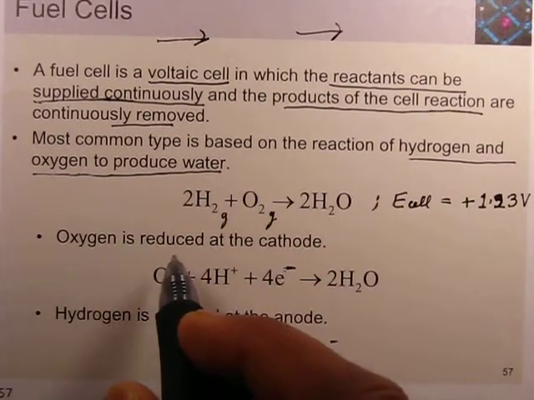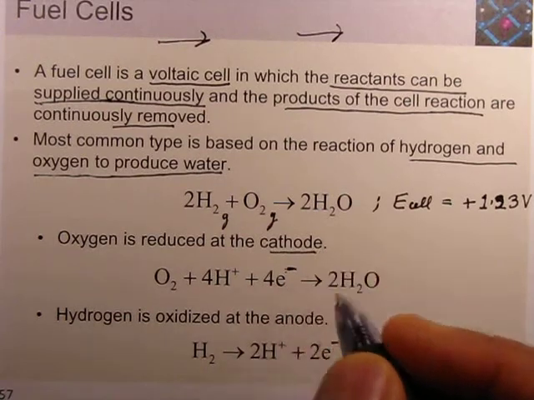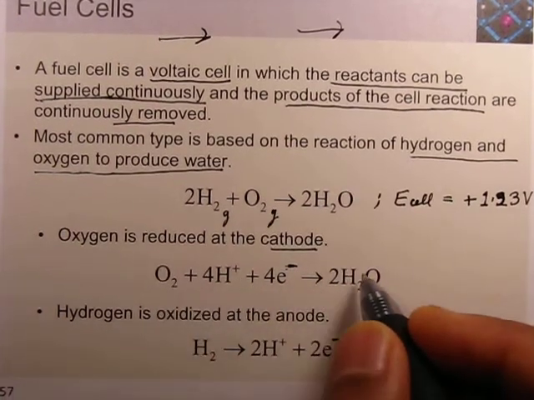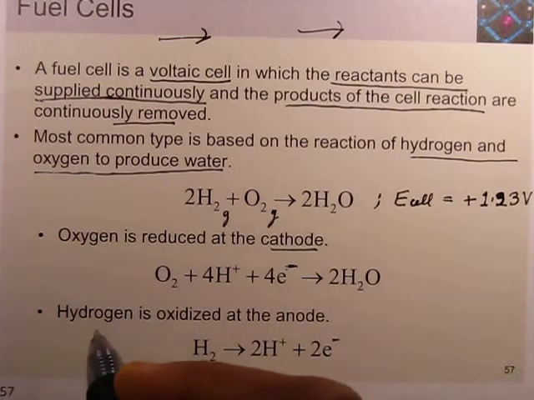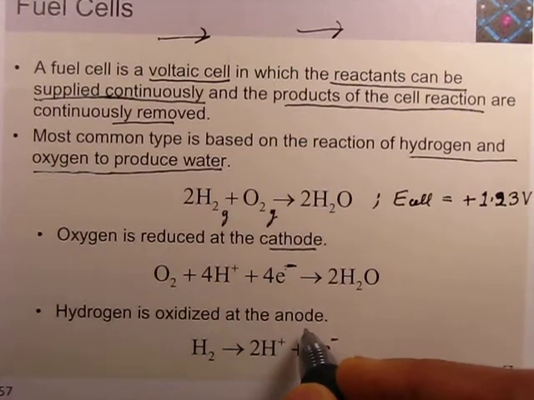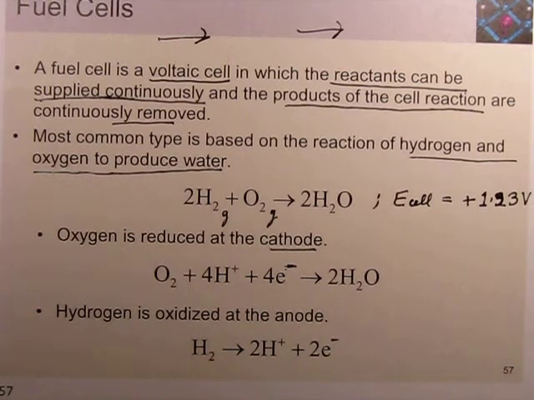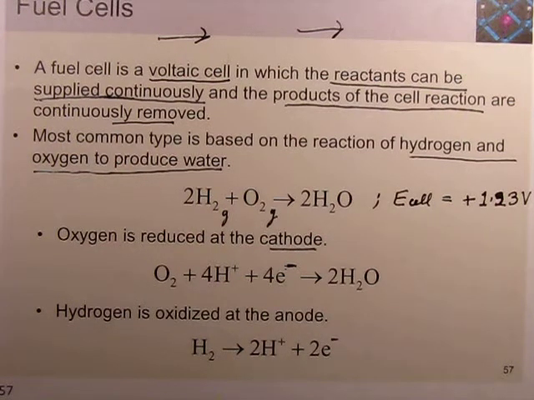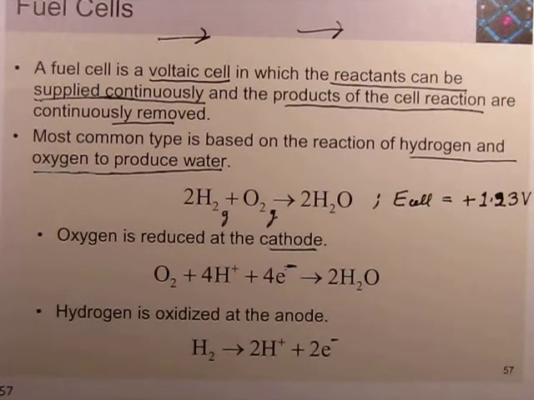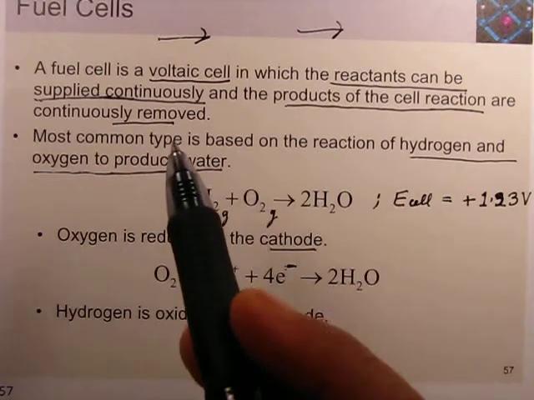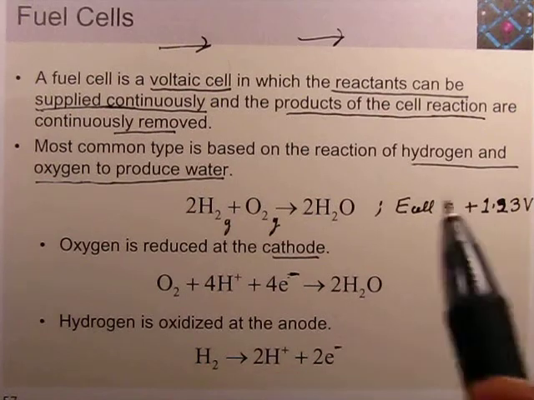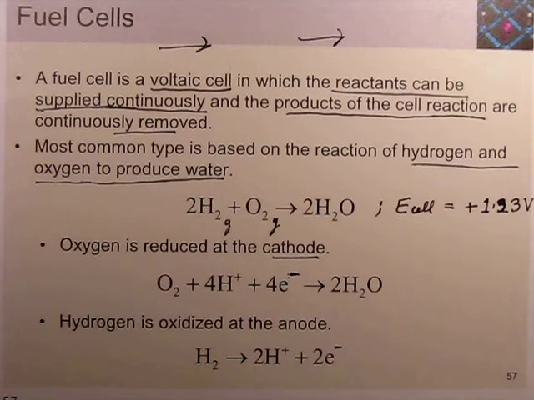Oxygen is reduced at the cathode to form water, and hydrogen is oxidized at the anode. This type of battery is an example in electric cars. You may have seen that there are many electric cars right now, and they use fuel cells to generate the energy and electricity to run the car.